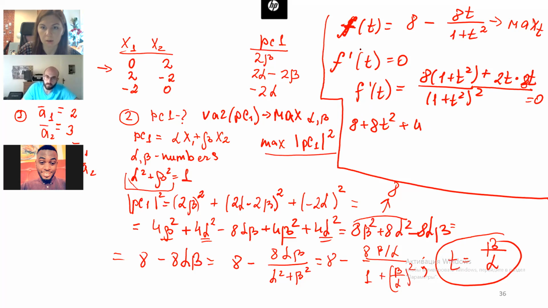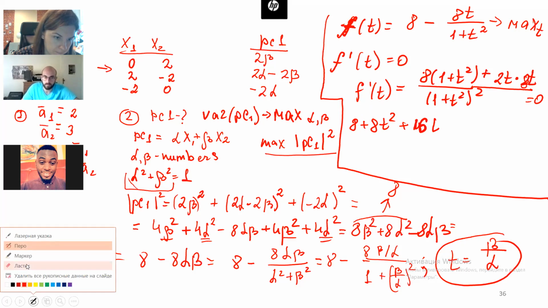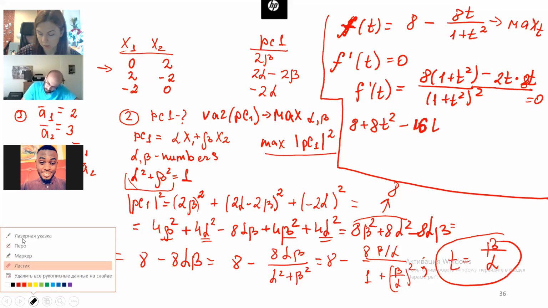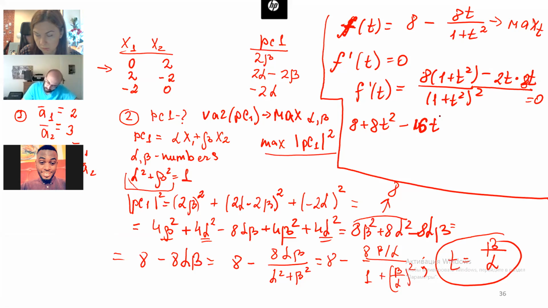Sorry for the mistake. It should be equal to 16t, and it will be minus t square. And we have two solutions, t1,2 will be plus minus 1.